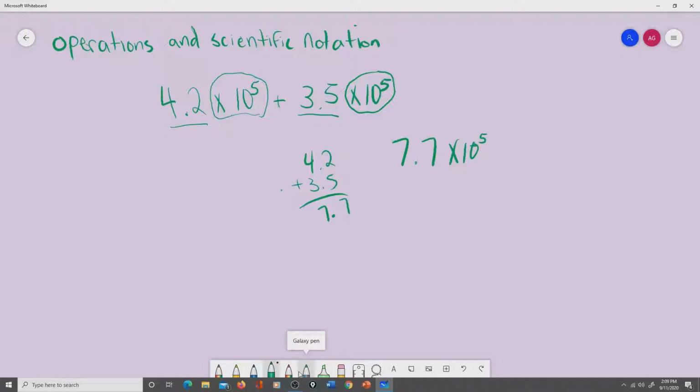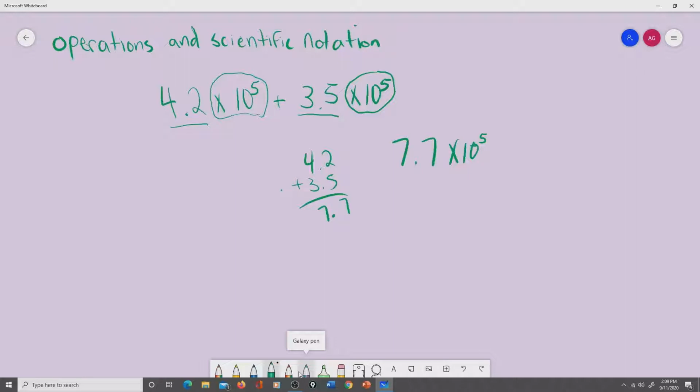Now it should make sense because if they're both 10 to the fifth, then when we add those two numbers, we're adding apples to apples, right? These place values are technically the same because we're saying that we're extending this decimal out 5 places to the right because we've moved it left 5 places. Okay, so we're adding the same things.